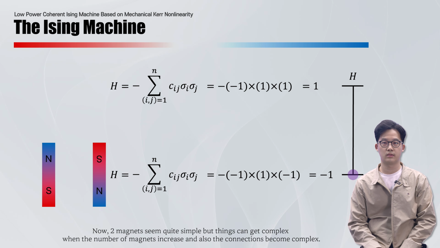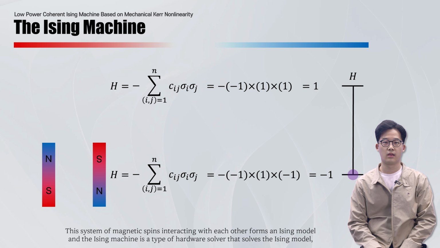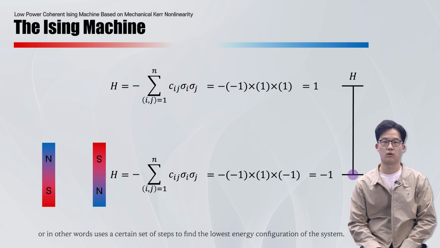Now, two magnets seem quite simple, but things can get complex when the number of magnets increases and the connections become complex. This system of magnetic spins interacting with each other forms an Ising model, and the Ising machine is a type of hardware solver that solves the Ising model, or in other words, uses a certain set of steps to find the lowest energy configuration.